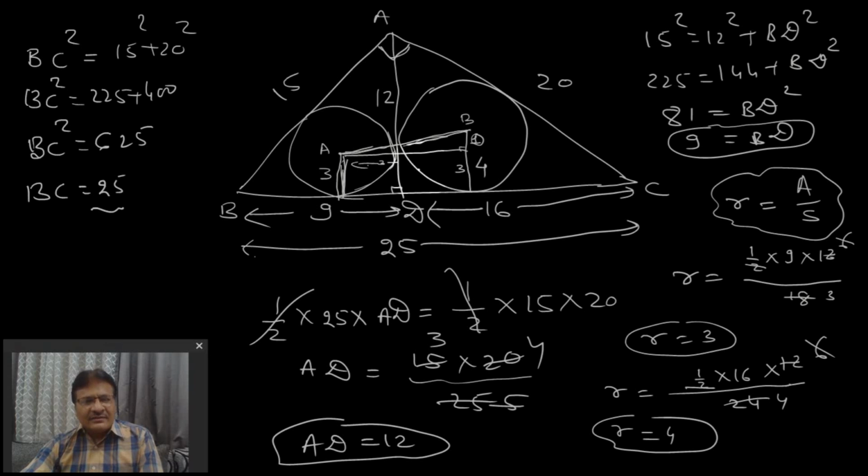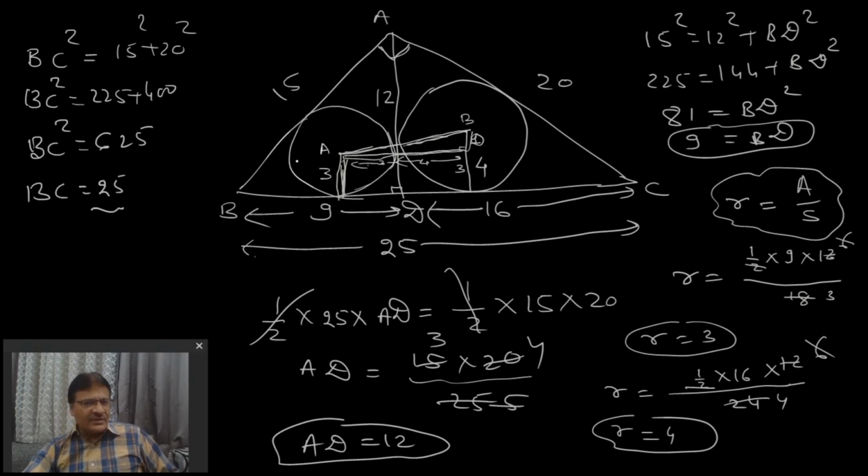And if this one is 4 complete, then this length is again 4, because this one is 4 up to the point of contact. So can I say this complete length is 7, 3 plus 4, and this one is 1.